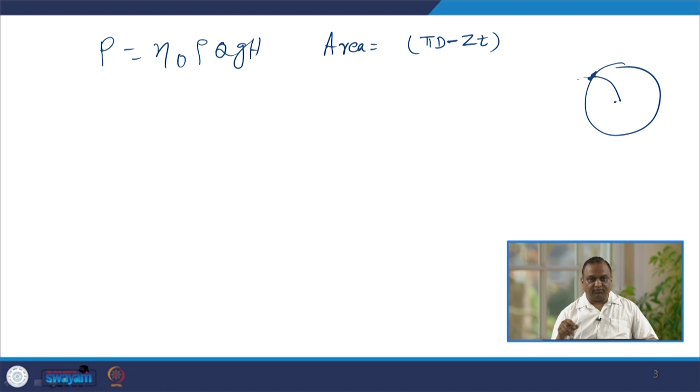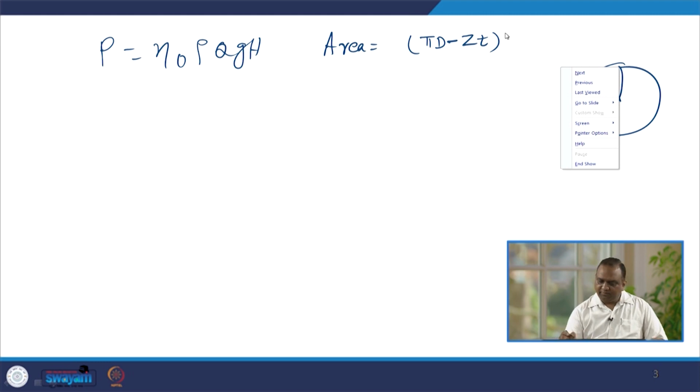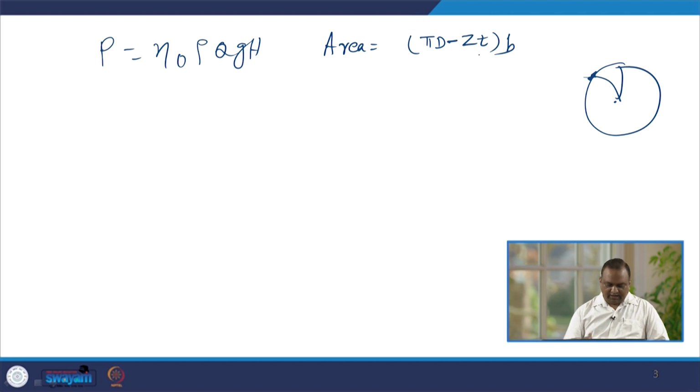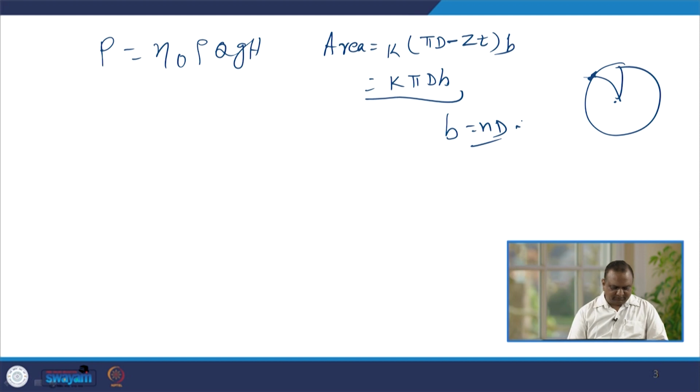If there are z number of vanes, so this much area will become ineffective. So, the actual area available is pi D minus zt multiplied by B, and a constant k. So, it can be k pi D B if we are assuming t as 0, if we are neglecting it. And B, we always know that B is equal to nD, we have already discussed.